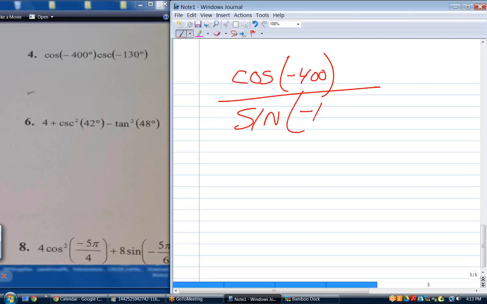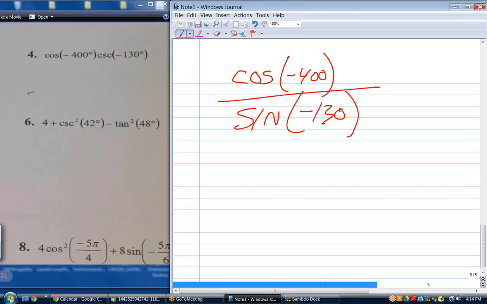And now you can tell that since we're dealing with two negative angles, we're going to have to use the odd-even property. We're also dealing with an angle that is outside the unit circle, so we're going to have to do something to put it inside the unit circle. And by the time we're done, we're going to either have cosine and cosine or sine and sine, and they're both going to be the same angle. And I'm betting this is either -1 or +1.